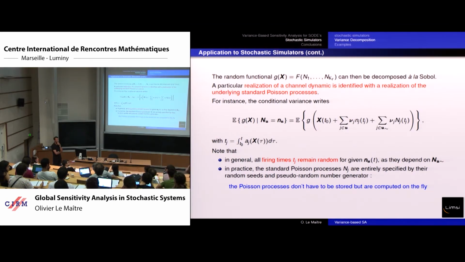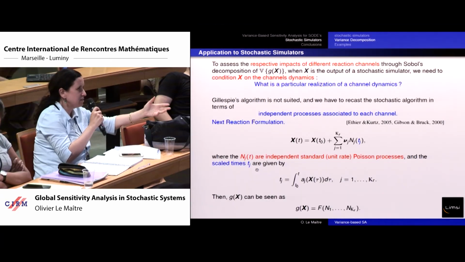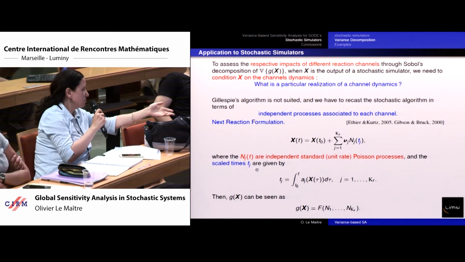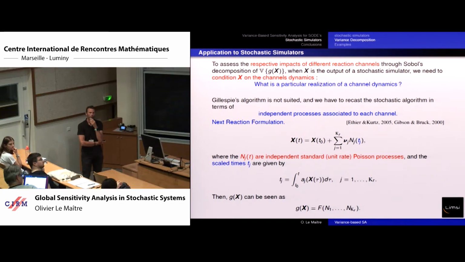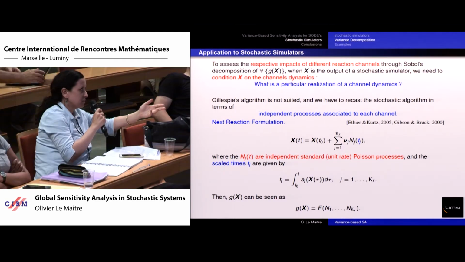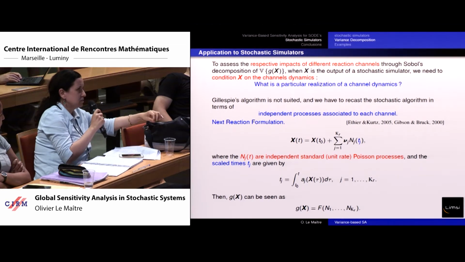In fact, this decomposition in a sum of Poisson processes, it's done under which assumptions on the coefficients A? I don't think there is any particular. We can make it for any type of system. For any type of systems. Yeah.